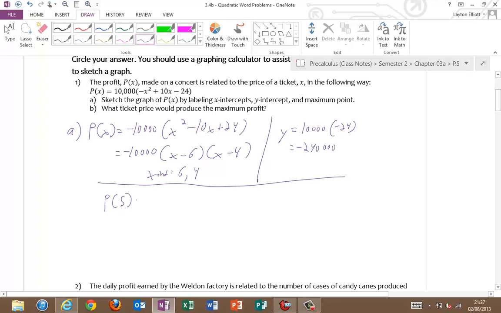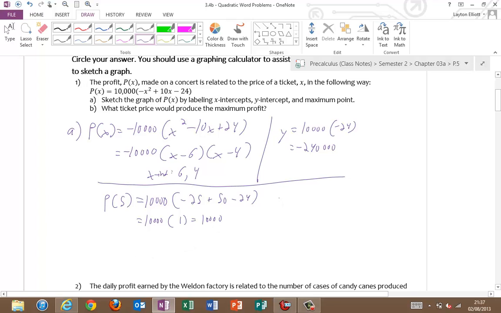Plugging 5 in gets me 10,000 times, looking at the original one now, negative 5 squared, that'd be 25, plus 50 minus 24, which is 10,000 times, that would be 50 minus 49, so 10,000 times 1, which is 10,000. So the vertex occurs at 5, 10,000.